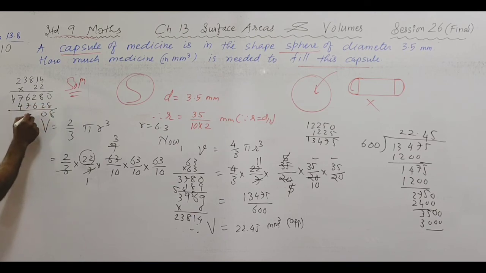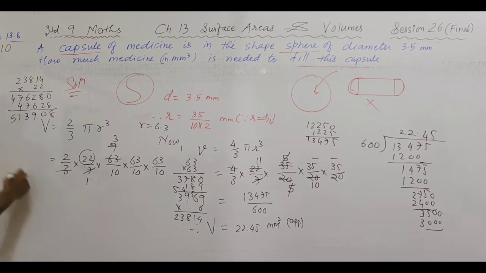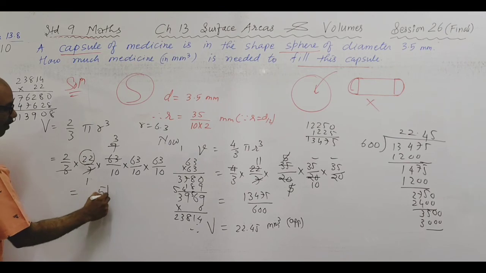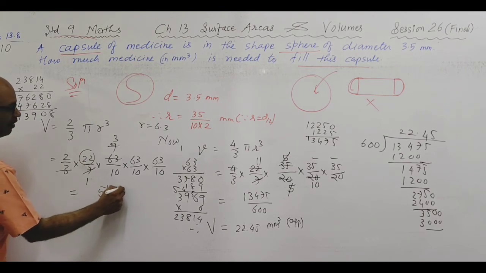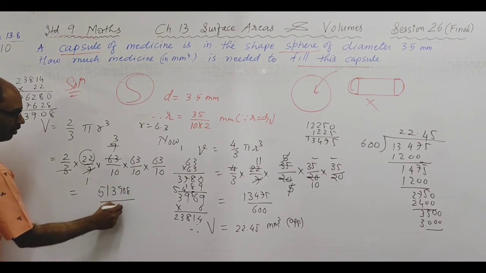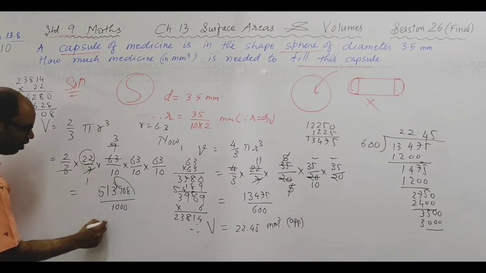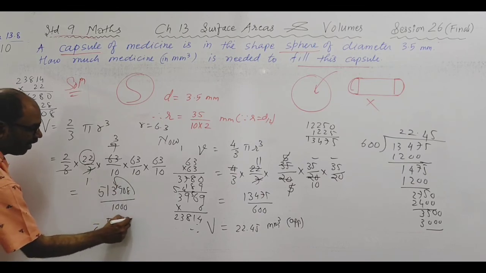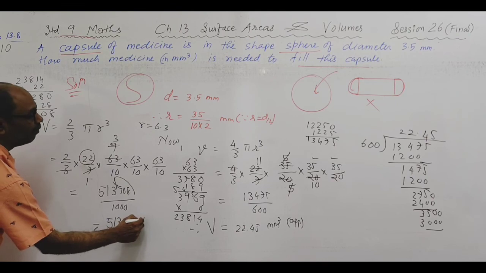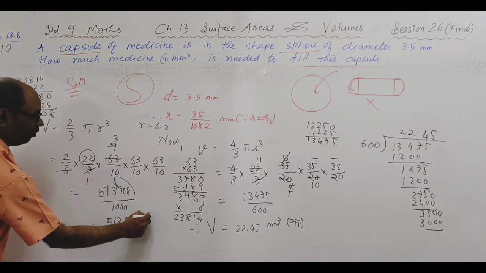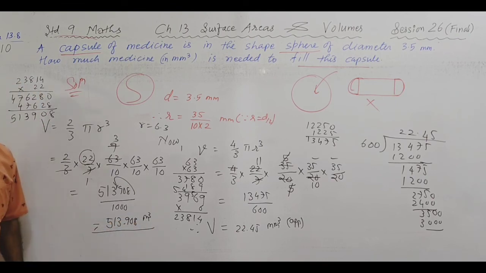So 8 0 9 13, 11 or 5. So that is 513,908 upon 1000. So you have 513.908 meter cube. Is that okay now?